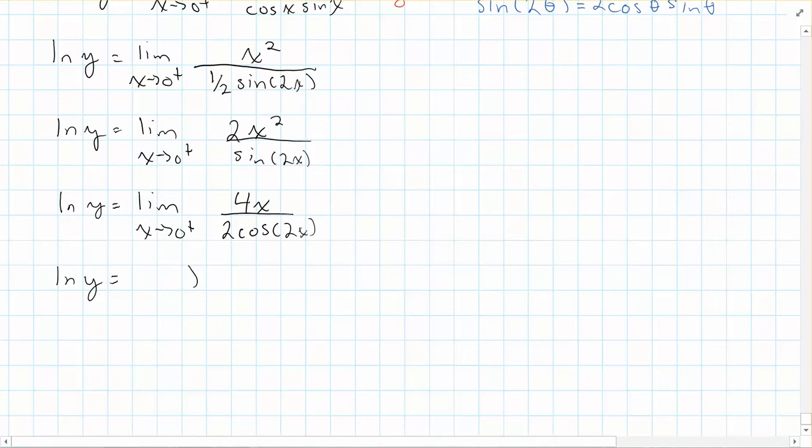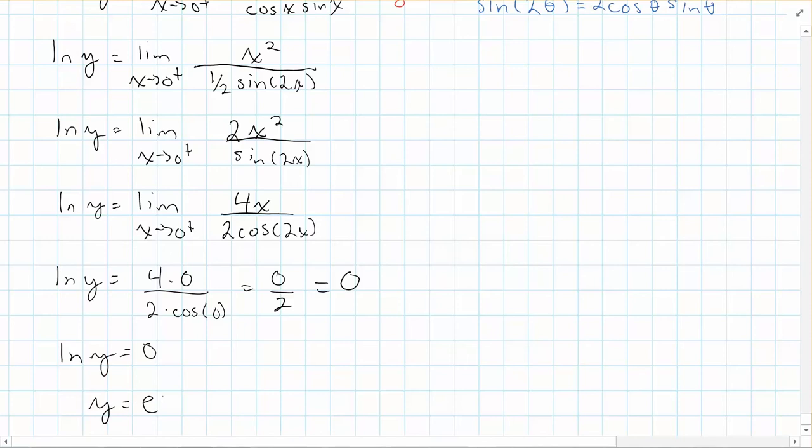But we can finally plug in 0. So you'd have 4 times 0 over 2 times cosine of 0, which is 0 over 2, which of course is just 0. So the natural log of y is equal to 0, which means y is equal to e to the 0, which is 1.